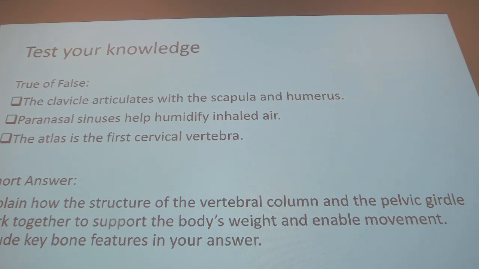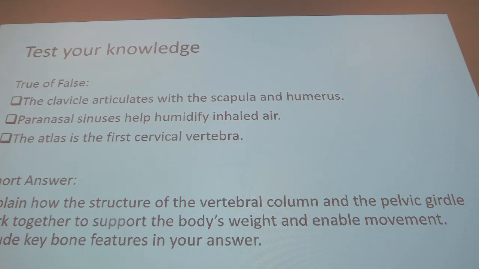Sacro... what? Sacroiliac joint. So both auricular surfaces connect. So then the sacroiliac joint carries the weight and sends it into what part of the femur?